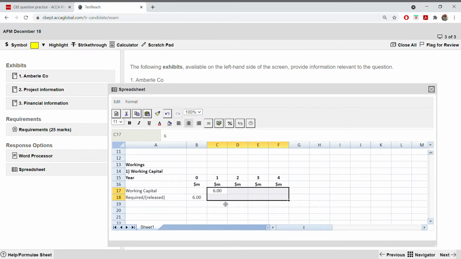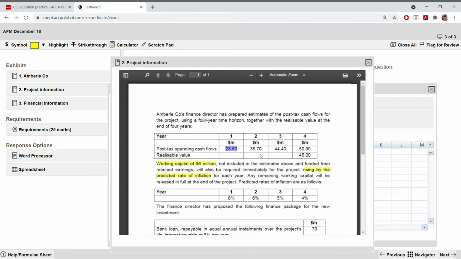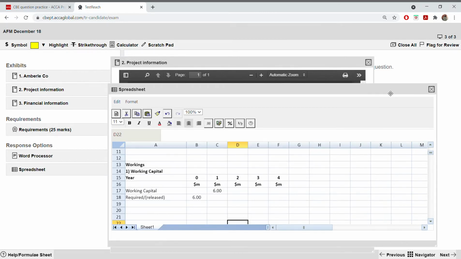Next, how will you go for year 2? Whatever is required in year 0, next year it will be the working capital, so 6 goes here. That's how it works. Now, the project information told us that it will rise by the rate of inflation. So what is the rate of inflation? 8% in year 1, right? So you take 8% of 6. 8% of 6 will be 0.48, so that much you require.